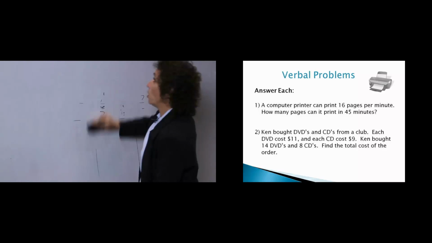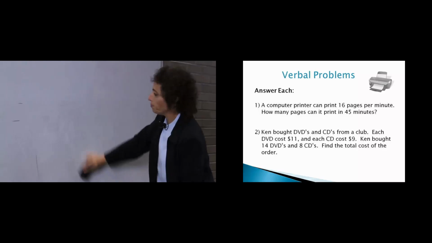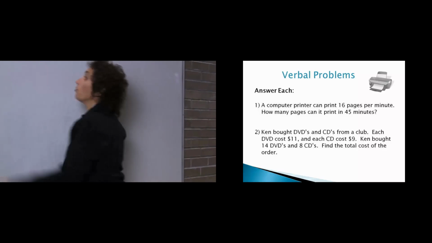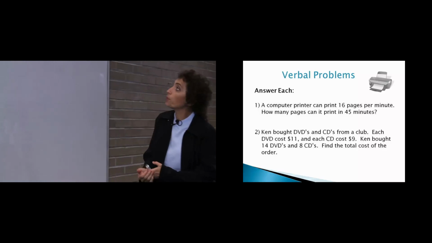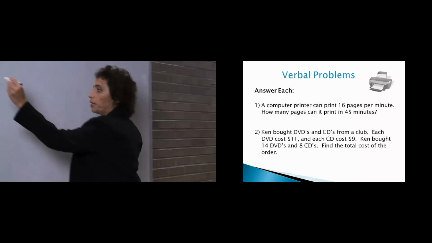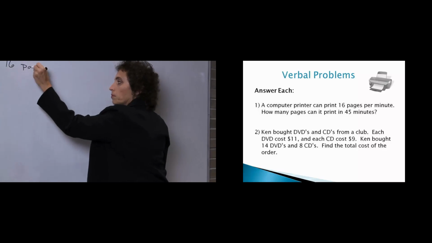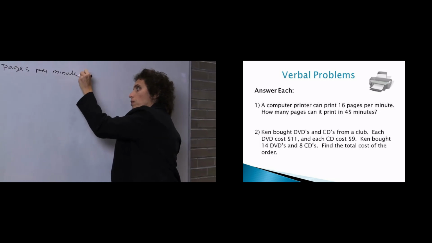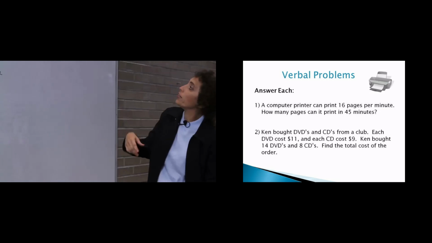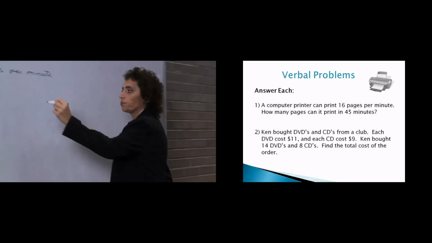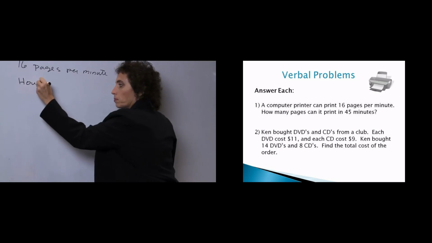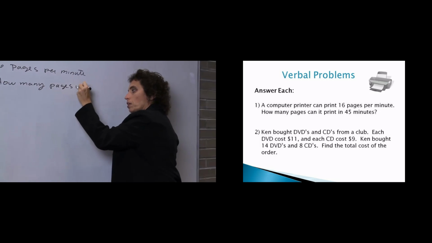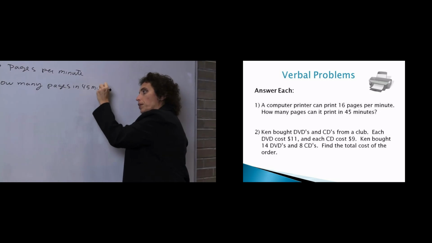Okay. The first problem is about a printer. It says a computer printer can print 16 pages per minute, and you want to know how many pages it can print in 45 minutes.